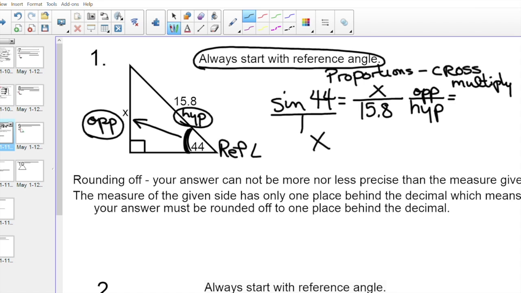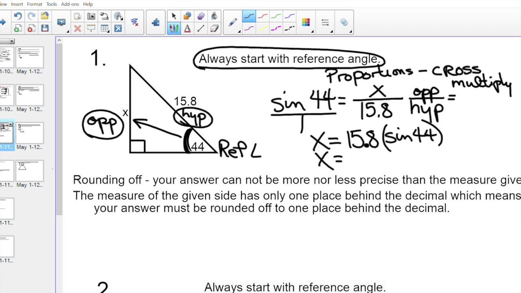X equals. I would say to everybody to always put next the measure given, or in this case, the measure of a side, and then multiply it times the sine of your angle.